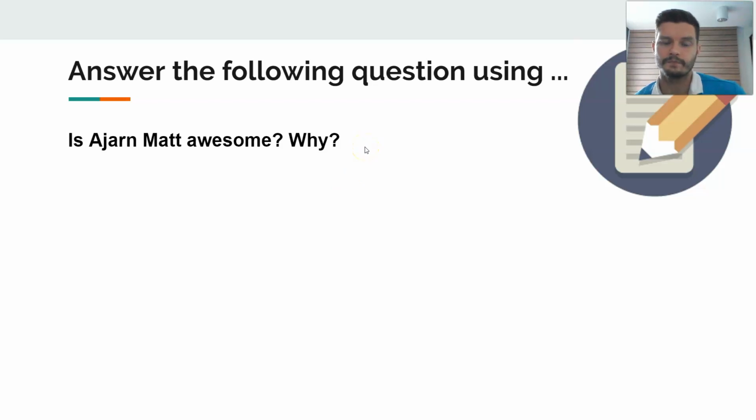Now, let's try another question here. Is Ajahn Mat awesome, and why? This is an open-ended question. There are multiple possible answers. So we do need to use RACE writing to answer this question. If I said this, yes, Ajahn Mat is awesome because he is smart.